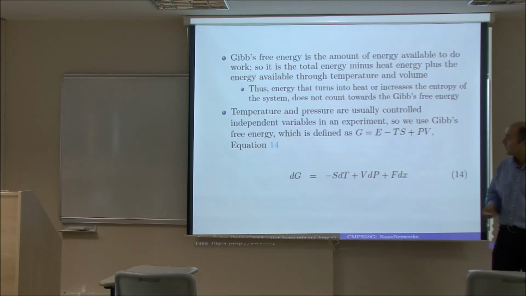So Gibbs free energy is the amount of energy available to do work. It's therefore the total energy minus heat energy plus the energy available through pressure and volume. Okay?